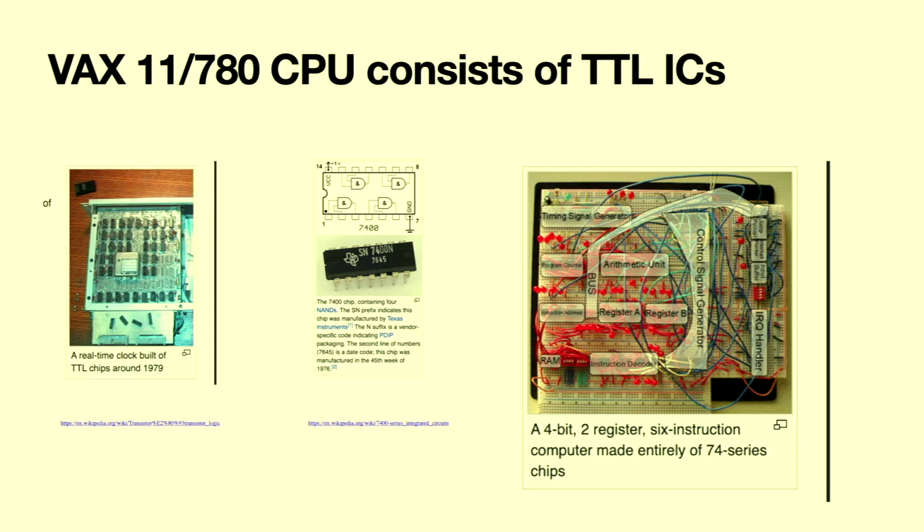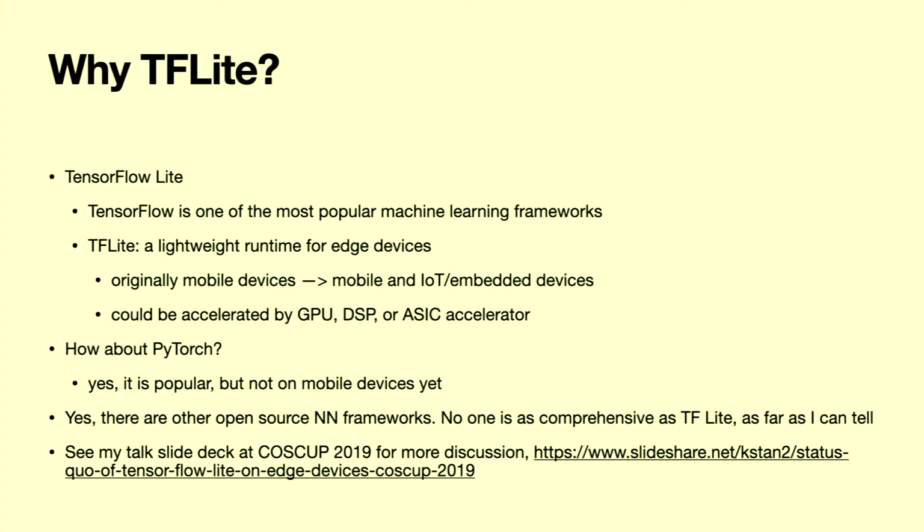The first 74 series chip is a NAND gate, the basic logic gate. You can construct a simple CPU with some TTL ICs. This is a simple one, but the X11 is a more complex one, and the CPU of the X11 is all TTL ICs.